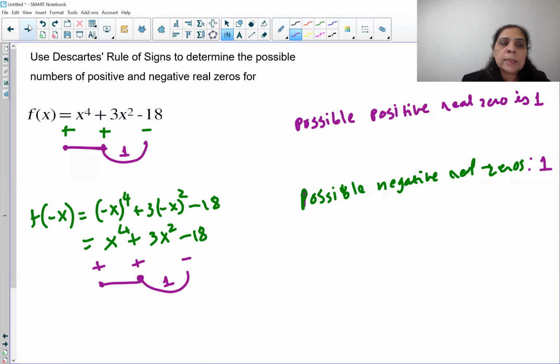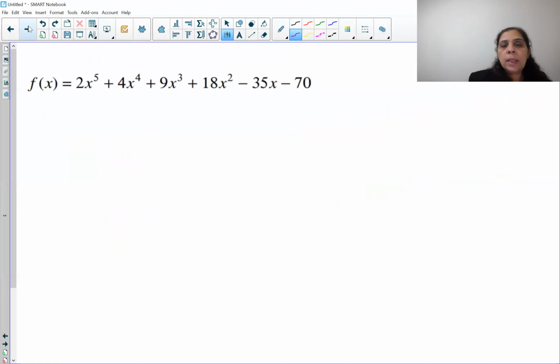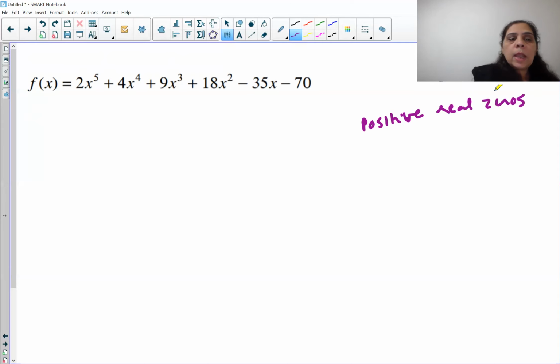All right, let's see the next one. Here we can see the given function is in descending order. Now we will decide the possible positive real zeros. How will we check?